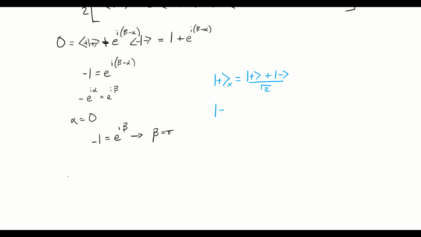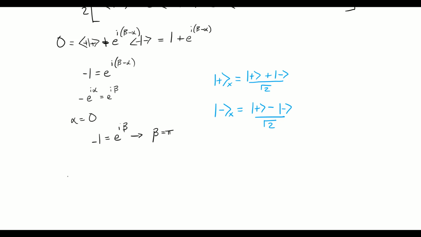Likewise, the spin down in the x direction is the spin up minus spin down over root 2, and for the spin up in the x direction we have spin up plus spin down over root 2.